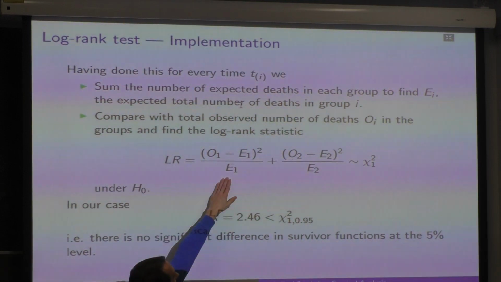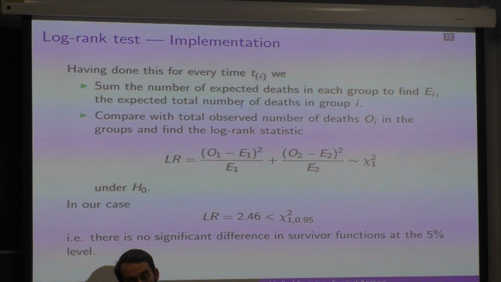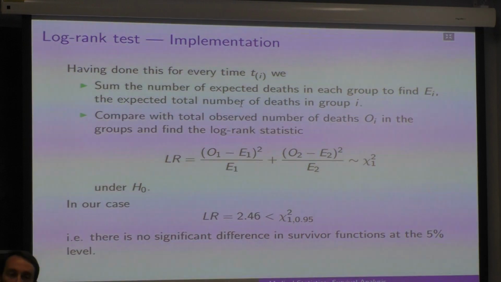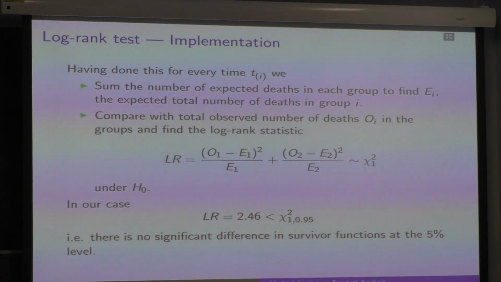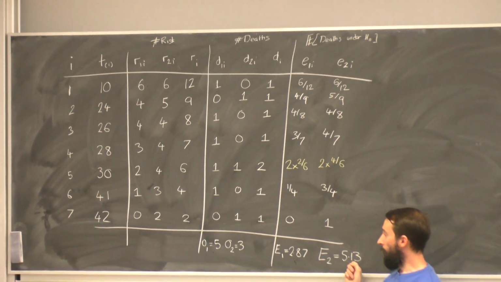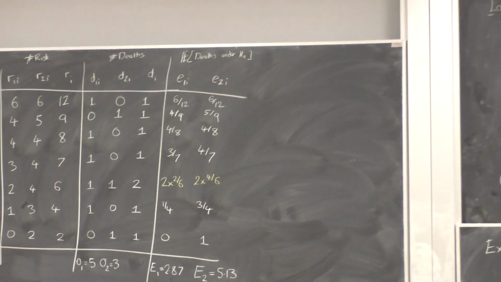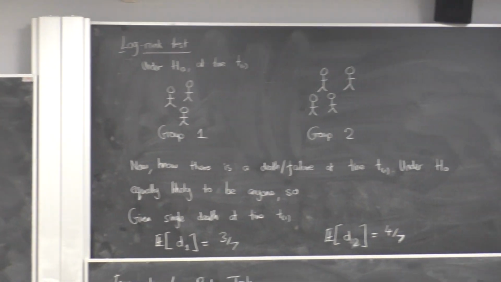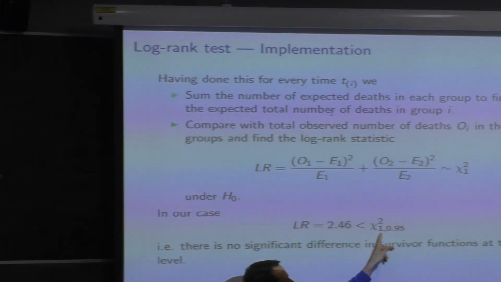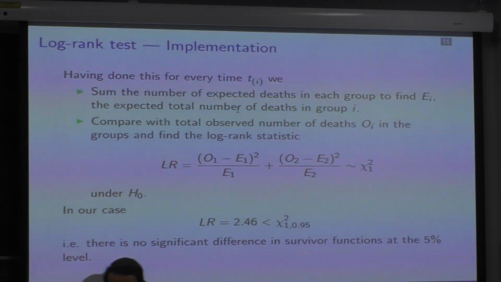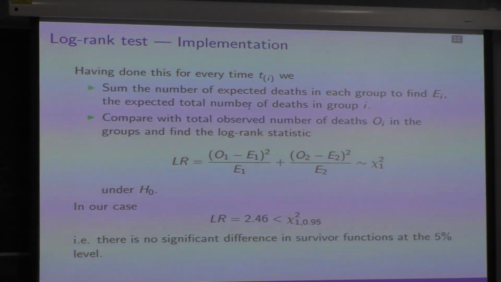So I can work that out and I can compare it with a chi-squared and that will tell me how extreme my test statistic was and whether I can reject my null hypothesis or I don't have enough evidence to reject my null hypothesis. So I'll work that out here. If I work out this minus that squared, divide that, plus 3 minus 5.13 squared divided by 5.13, I get a log rank test statistic of 2.46, which I can compare with a chi-squared distribution with 1 degree of freedom, and that is below the 95th quantile of that distribution.